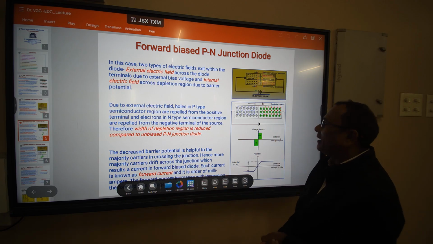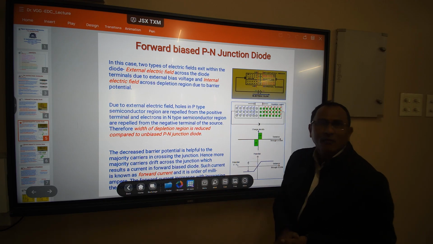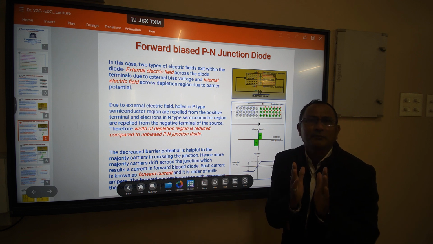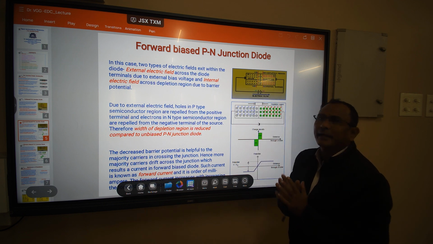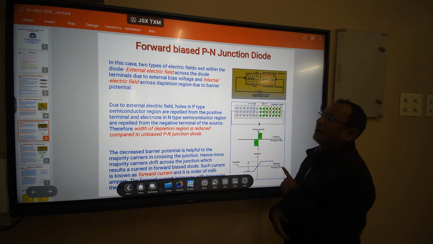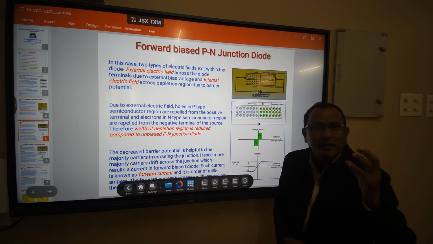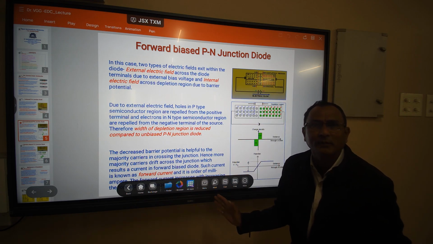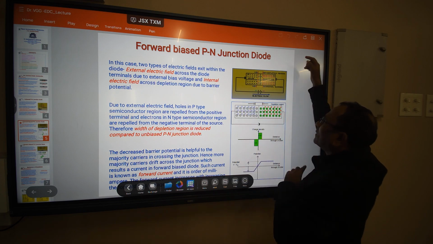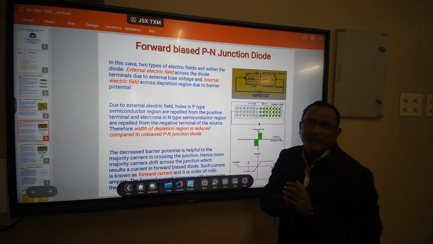In this way, this particular region will be a depleted region. My dear students, this will be a depleted region. Because of this region, further recombination is not possible. And now, after that, how much is this particular depletion?